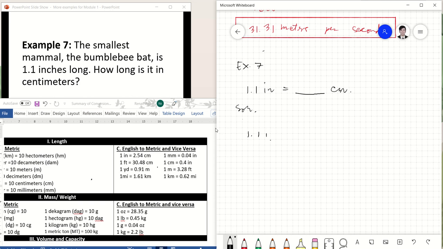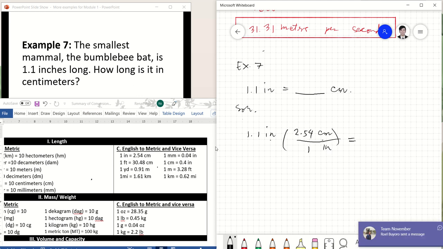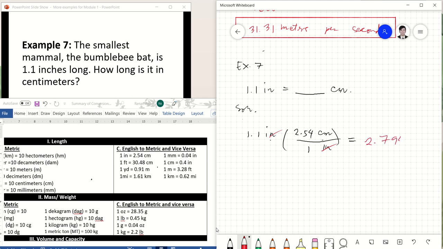So we put 1.1 inch here, then inch in the denominator so that the inch will be cancelled out, cm in the numerator. So take note, 1 inch is equal to 2.54 cm based from our problem in here. So cancel out inches. Then 1.1 times 2.54, that would just be 2.794 centimeters.